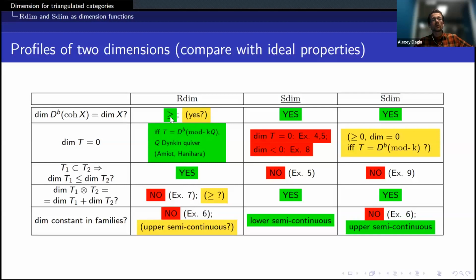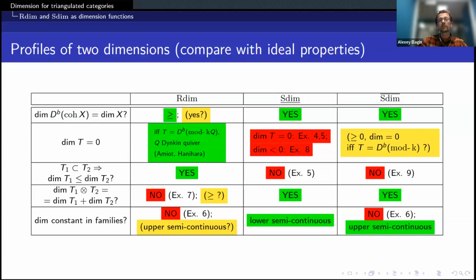So for categories of 0 dimension, we can prove for Rouquier dimension that a category with Rouquier dimension 0 must be the derived category of representations of a linking quiver. So we had this example in the beginning, and surprisingly, this is essentially the only possible example of a triangulated category with Rouquier dimension 0.